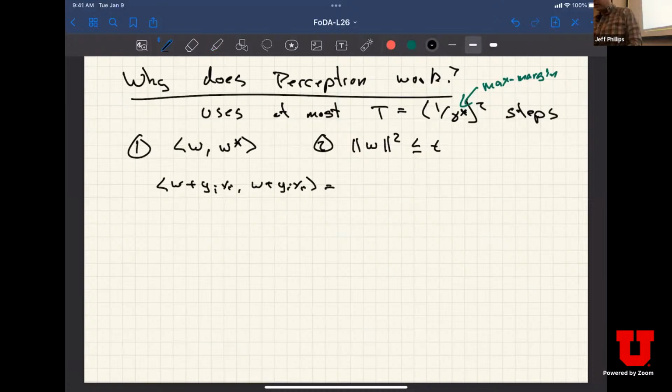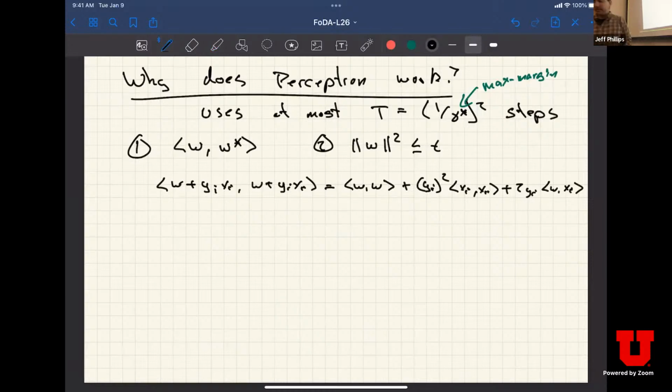Well, you can write this as the old W, I can factor stuff out, plus yi squared xi dot xi plus 2 yi W dot xi.